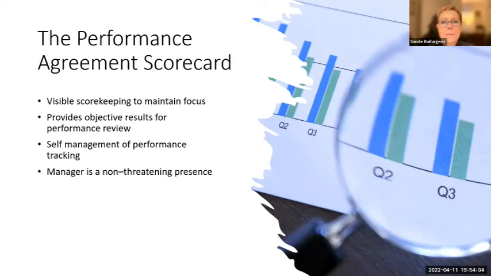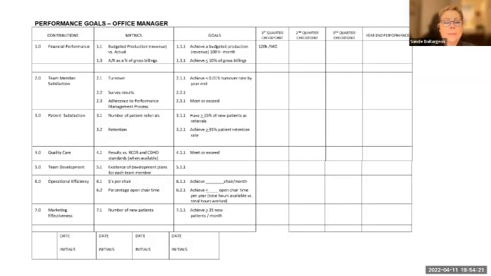And also then the manager is not a threatening presence. The manager is there to guide and coach you, and to give you the results on how you're doing. And there's also a record of performance variance.